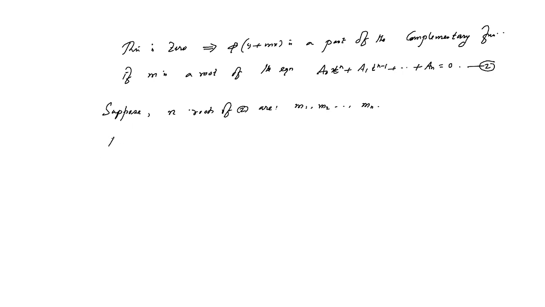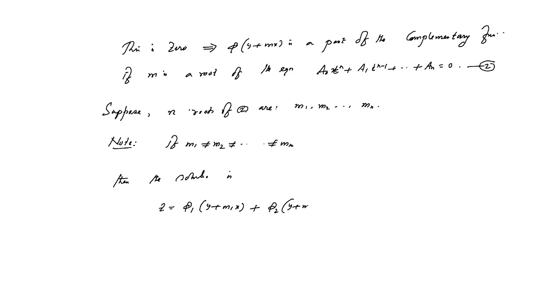Now, one important note: if all m1, m2 up to mn are distinct, then the general solution is z equals to phi1(y plus m1 x) plus phi2(y plus m2 x) plus ... plus phin(y plus mn x).